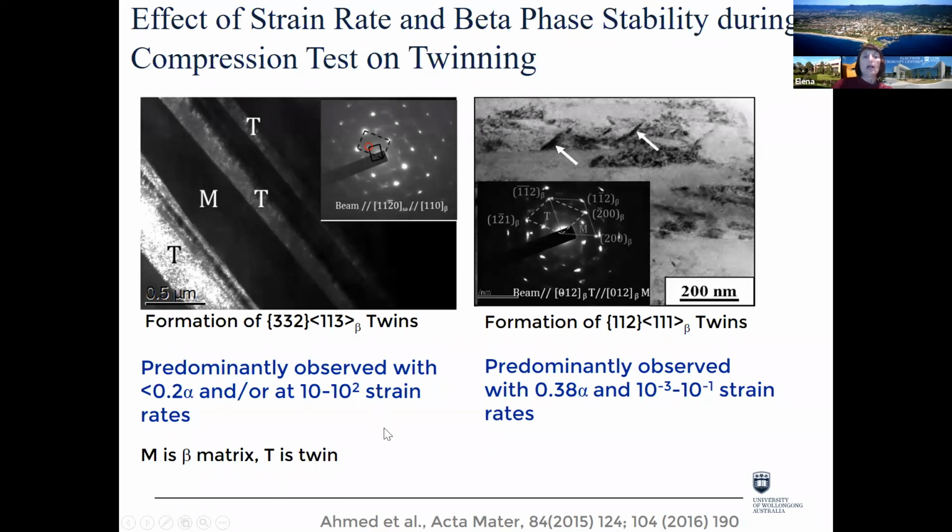Also, at high strain rates, it was interesting that formation of 332 twins was predominant, and at very low strain rates and in stable beta phase, we have dominance of 112 twin formation.